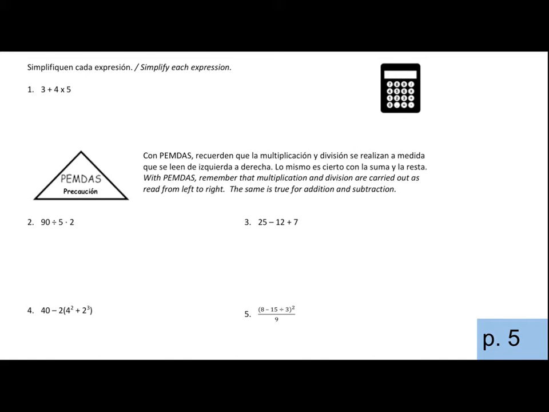If we remember PEMDAS, multiplication, the M, comes before the plus, addition, A. So 4 times 5 comes first. Because we don't have parentheses, skip that. We don't have exponents, skip over that. Multiplication comes first. No division, then we do the addition, and no subtraction.